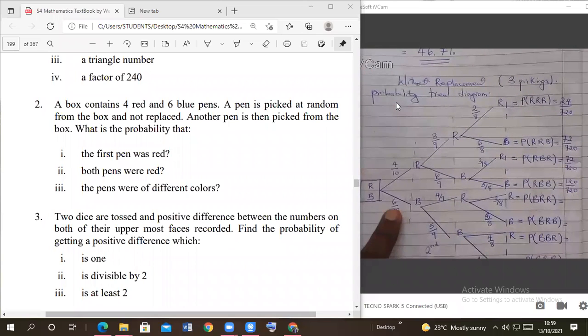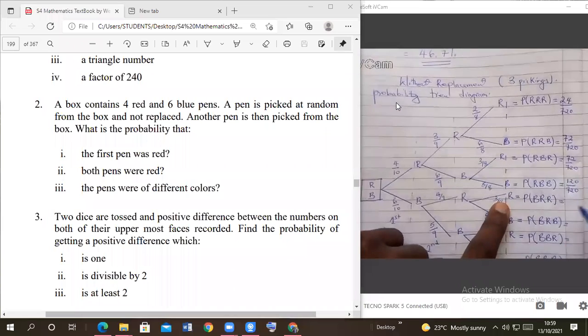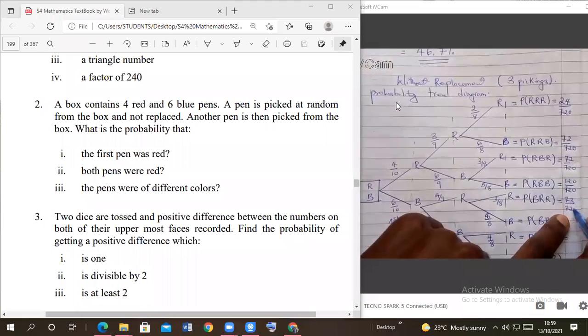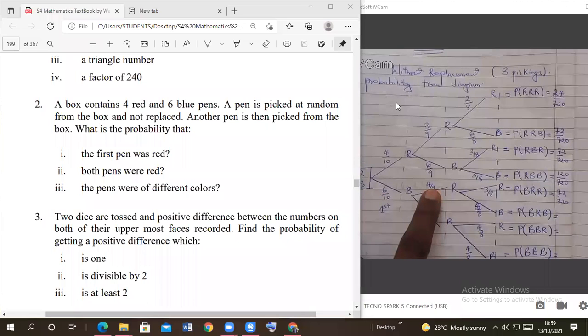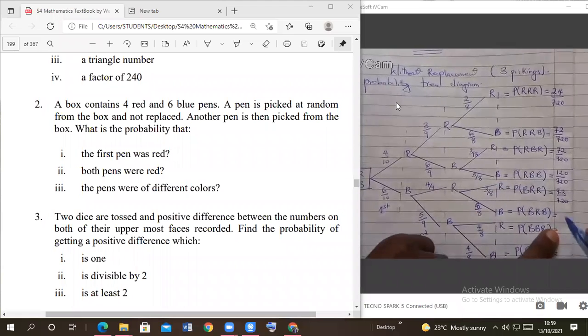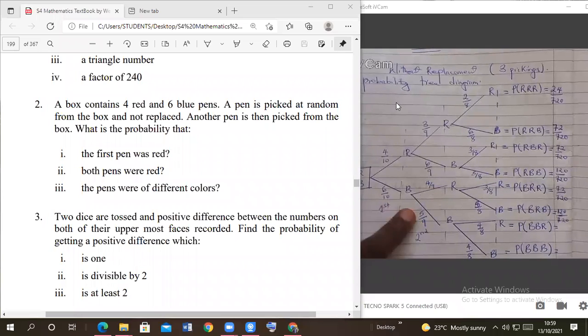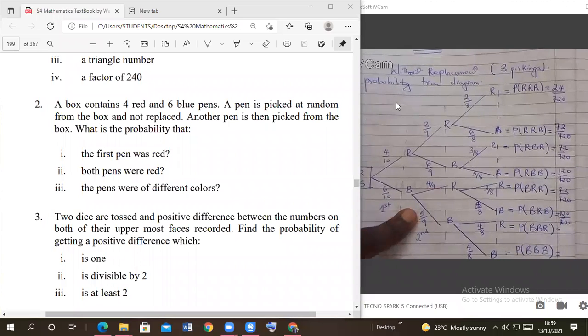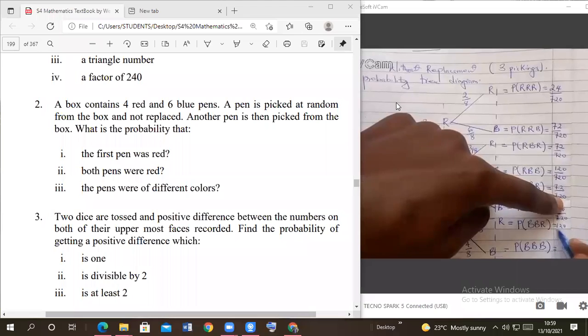We come to this. 6 times 4 is 24, 24 times 3 is 72 out of 720. 4 times 6 is 24, 24 times 5 is 120 out of 720. 5 times 6 is 30, 30 times 4 is 120 out of 720.